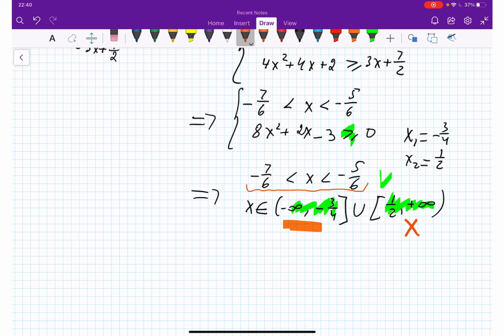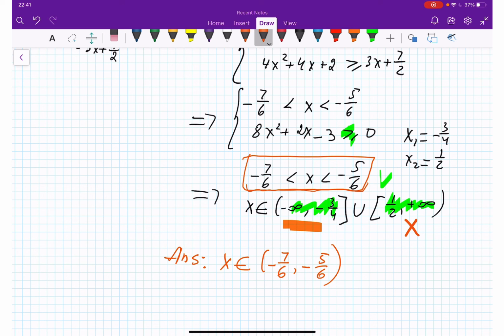Therefore, the answer is going to be x belongs to negative 7/6 and negative 5/6, because the part less than negative 3/4, from negative infinity to negative 3/4, will be limited by x greater than negative 7/6 and less than negative 5/6.